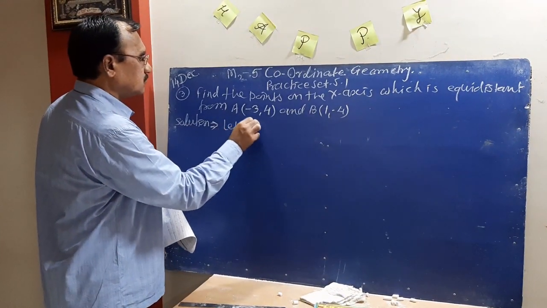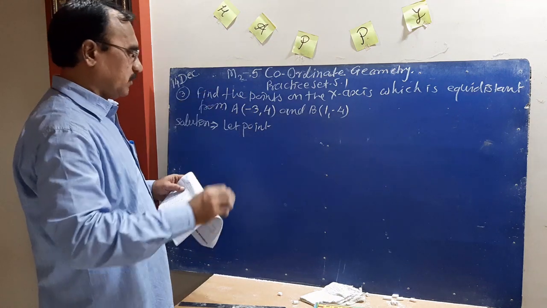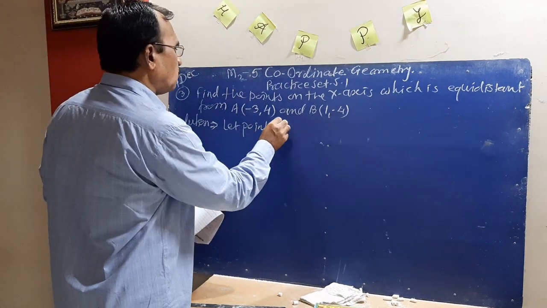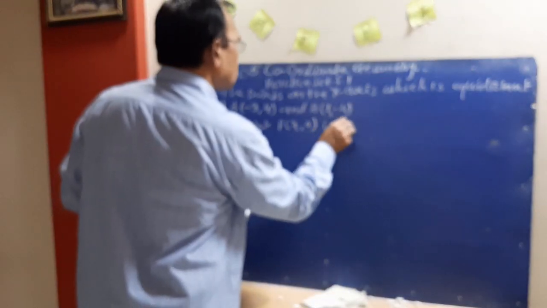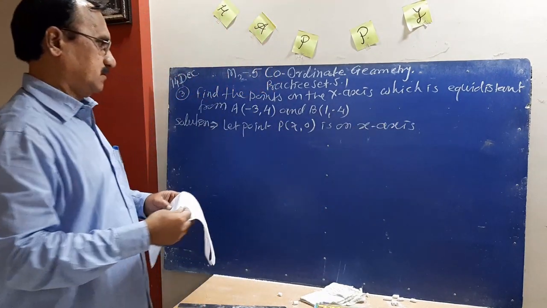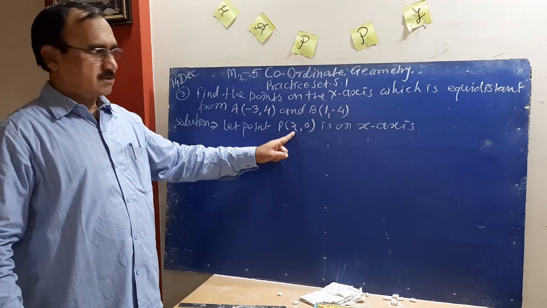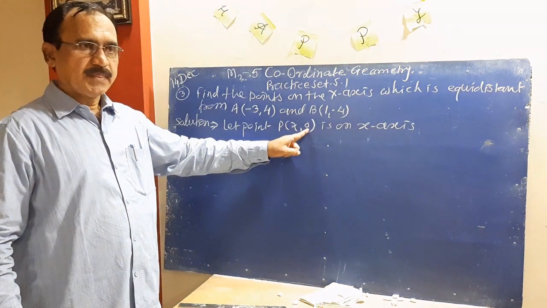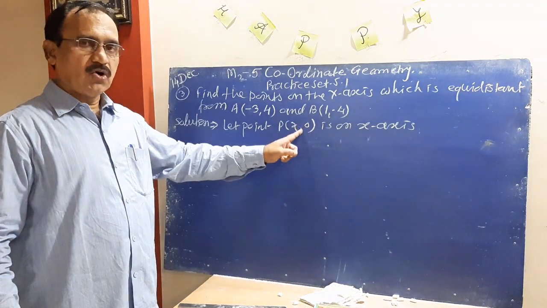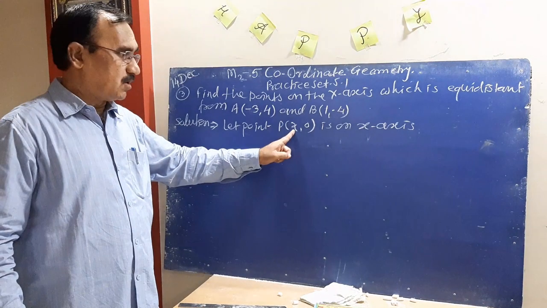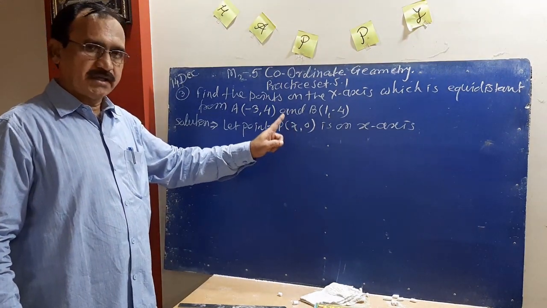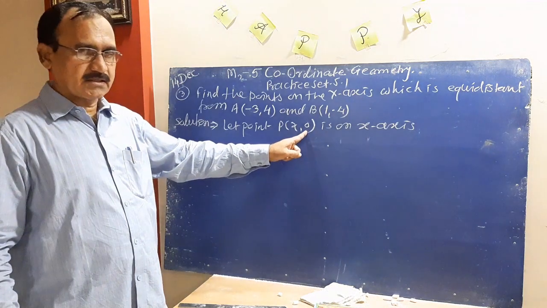Let the point be P. Let point P(x, 0) be on the x-axis. This is the x coordinate and this is the y coordinate. You know the y coordinate of any point on the x-axis is 0, and this point is on the x-axis, and therefore the x coordinate is x and the y coordinate is 0.